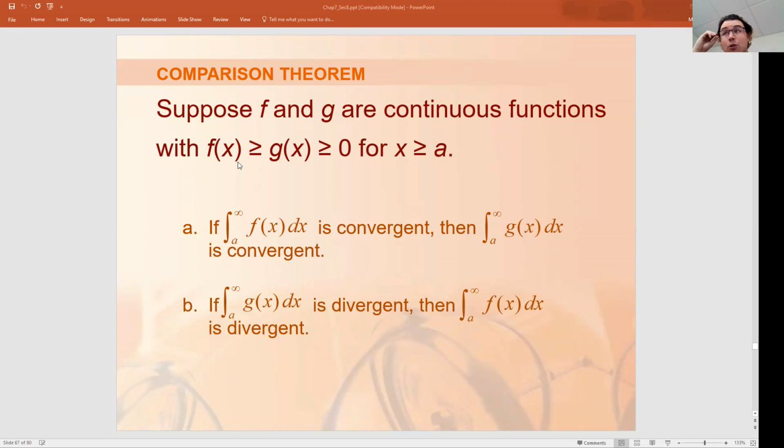That means the integral of f of x has to be greater than the integral of g of x. So if the integral of the smaller function doesn't exist for improper integrals in this way, then the integral of the larger function also won't exist.